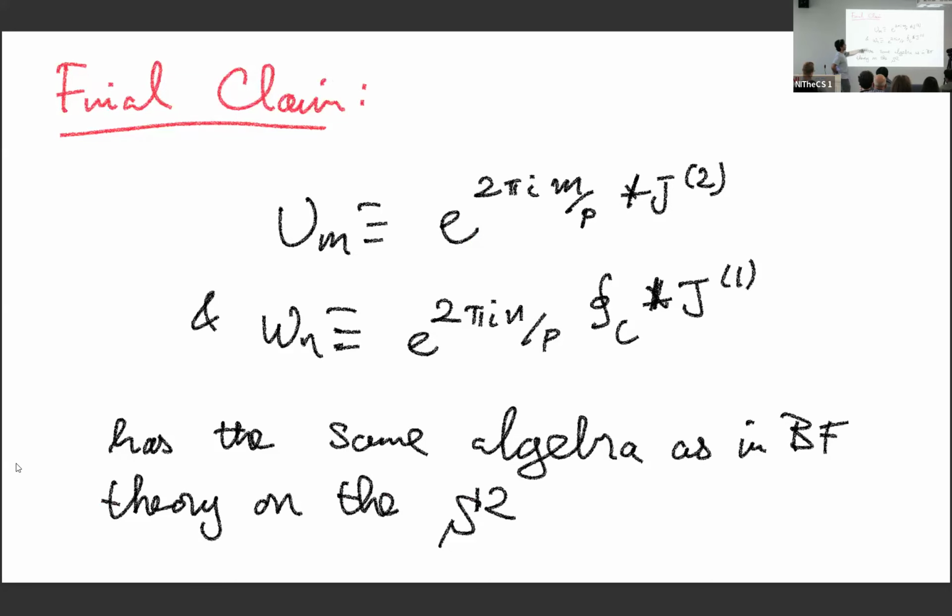And then, if I want to build the operators that I had before, all I have to do is exponentiate J2 or exponentiate the integral of J1, and these operators have the exact same properties as in BF. Okay. And they also admit the same algebra as in BF.